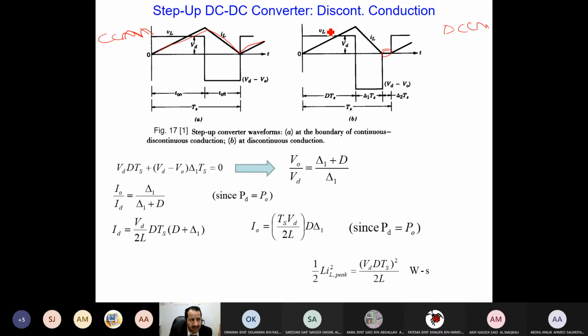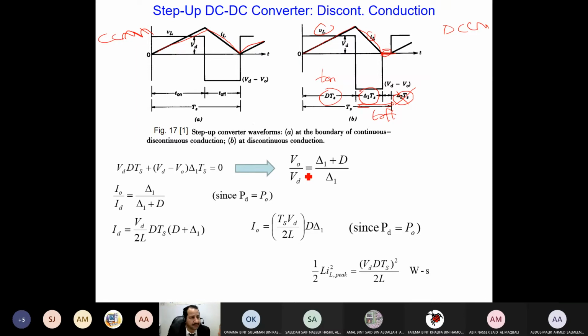The same thing: this is VL, IL, the same formula. In the on state, this is DTS, which is T on. It is the same current, but in the off state, from here to here, T off. Delta 1 TS is the time when there is current, and delta 2 TS when there is no current. So usually we ignore it. We did the same in the buck converter, if you remember.